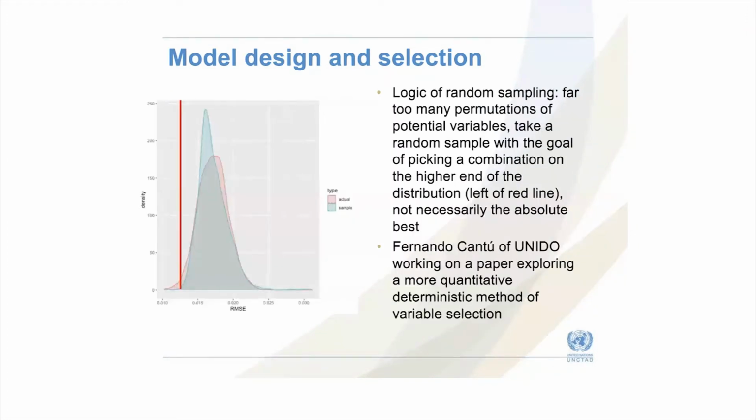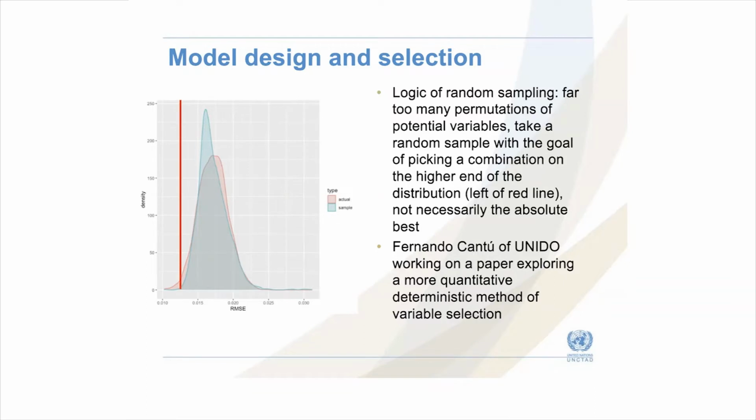So a little bit of logic on the approach that we took for the nowcasting one. We used a lot of random sampling. Out of the 200 odd potential explanatory variables, there are obviously way too many permutations to test all of them to find the absolute best combination of variables for this problem.